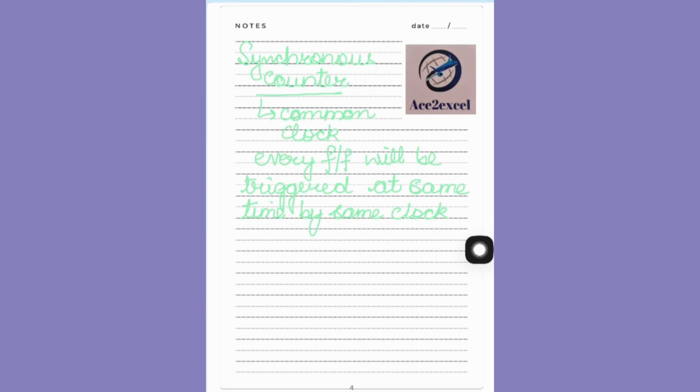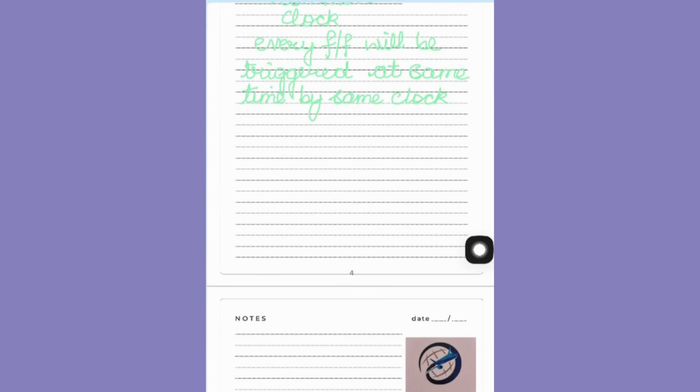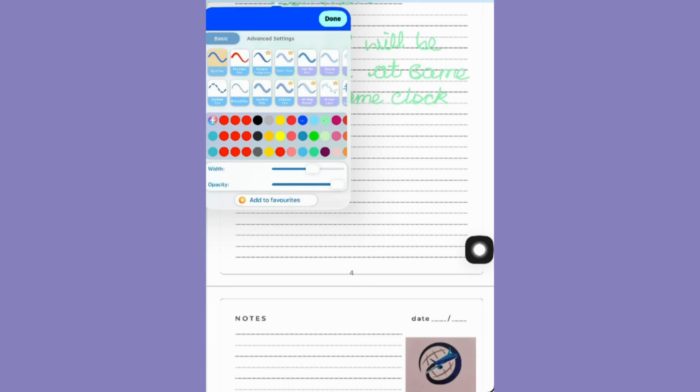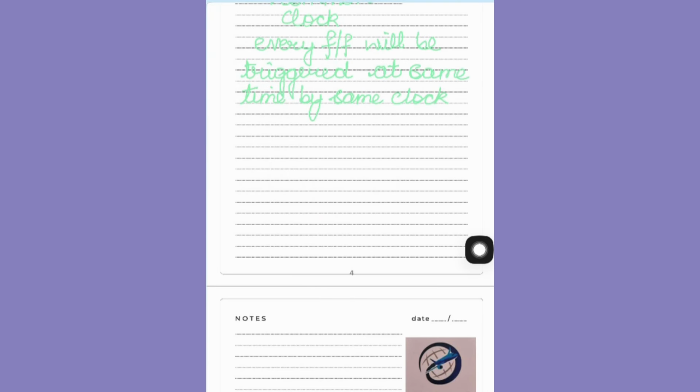Whenever we get a question on synchronous counter, there are a few fixed steps of solving it. So I'll first tell you the main steps. First step, you need to decide the number of flip-flops required, which is indirectly gathered from the number of bits a counter has. 2-bit means two flip-flop circuits, 3-bit means 3 flip-flop circuits.